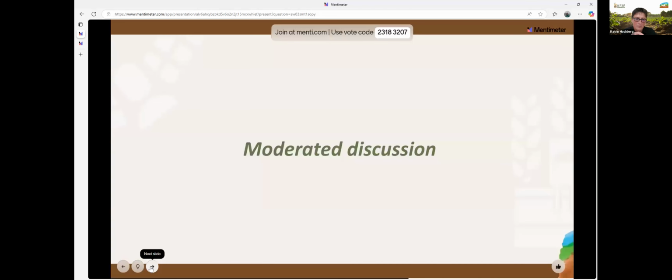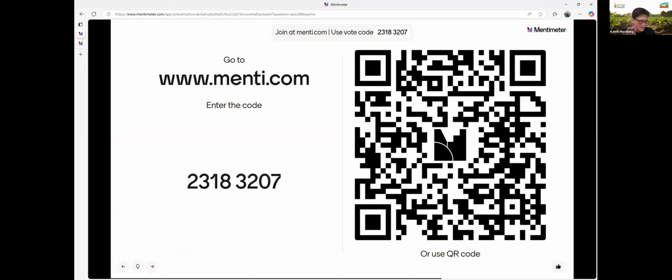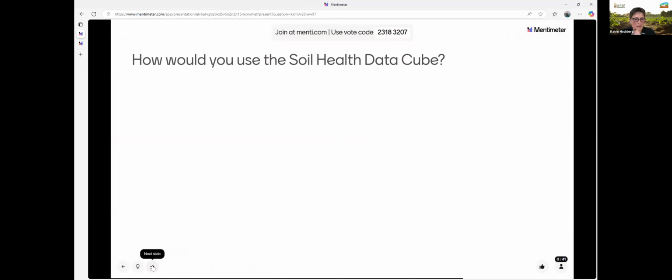And Maddie, I was thinking that we should just do the Menti quickly, go back to the Menti really, because now you've heard what Tom and Isha said. How would you use the soil health data cube? That's really the question we would love to ask you before we move into discussion. And as you were so active earlier, we hope you'll join in with this one as well.